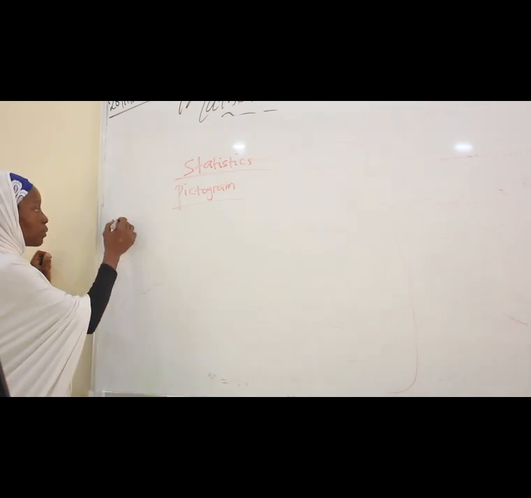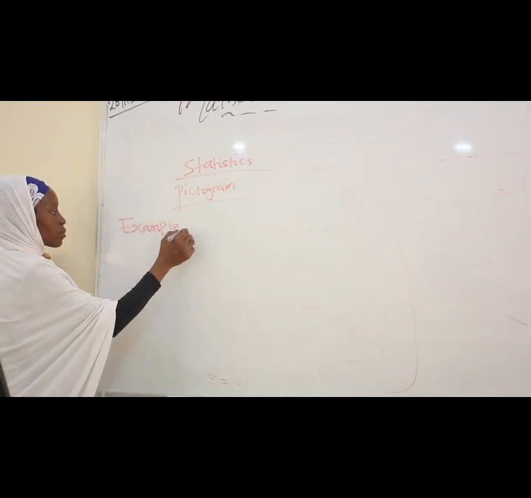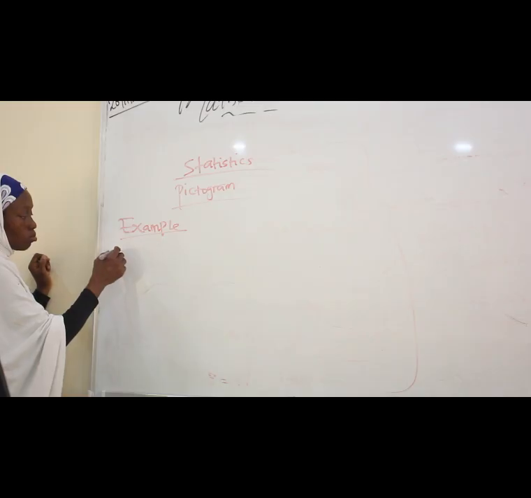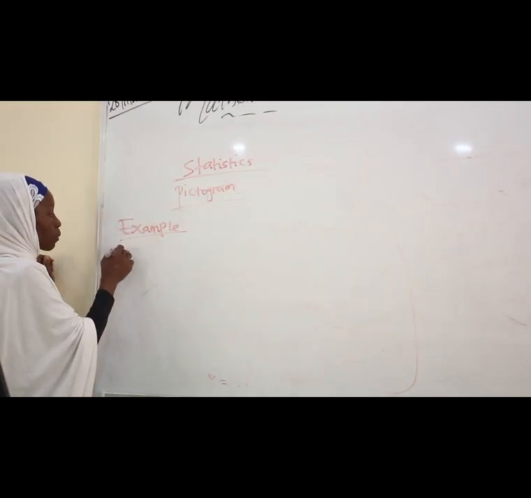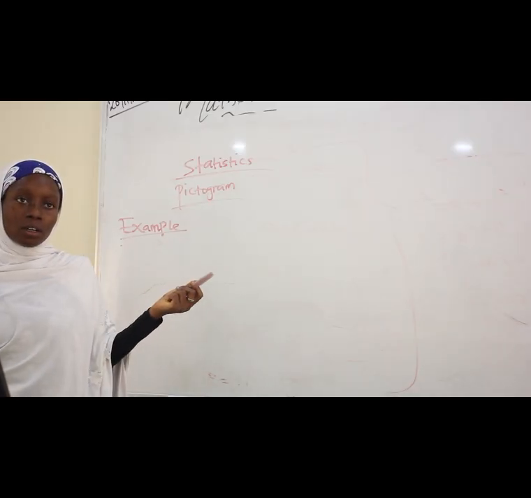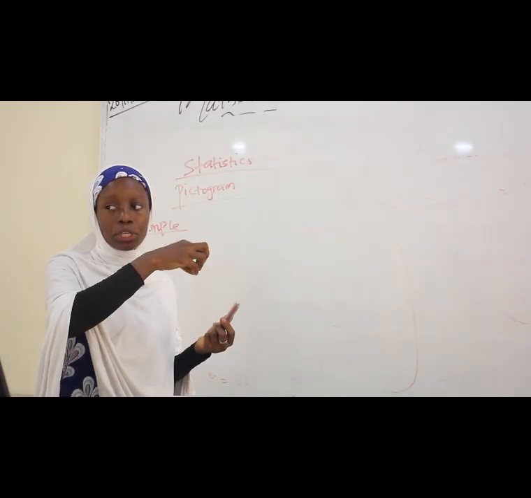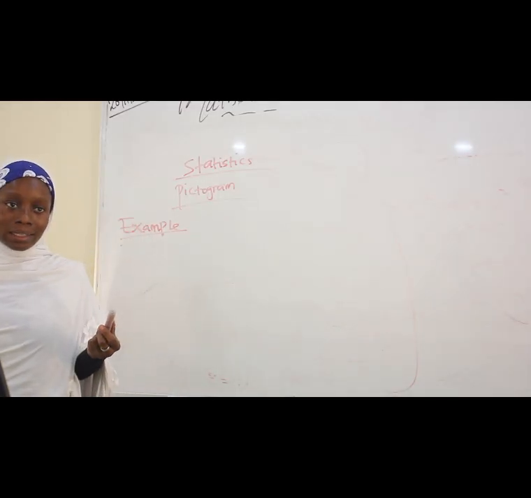For example, let's say we have 5 apples in a basket, and then we have 5 pupils to pick each of these apples inside the basket.